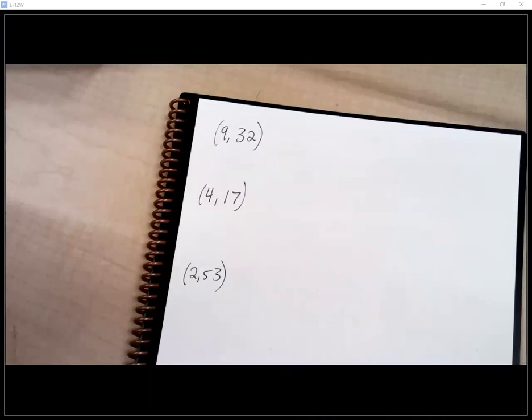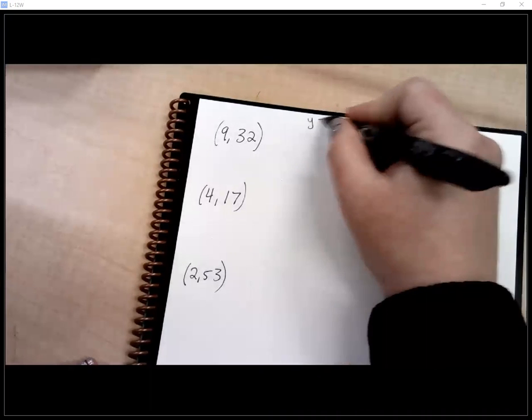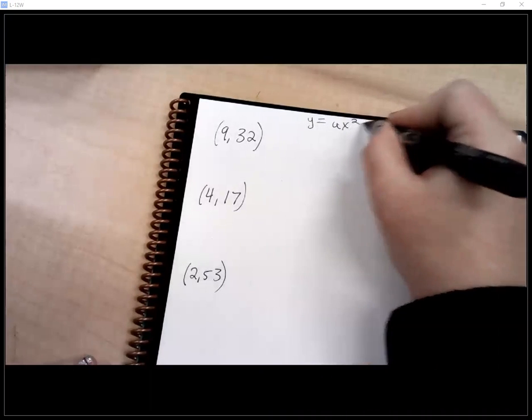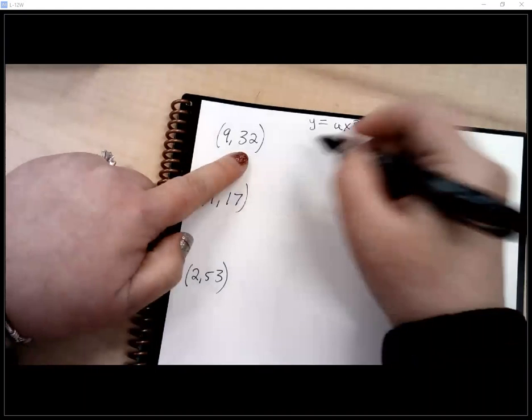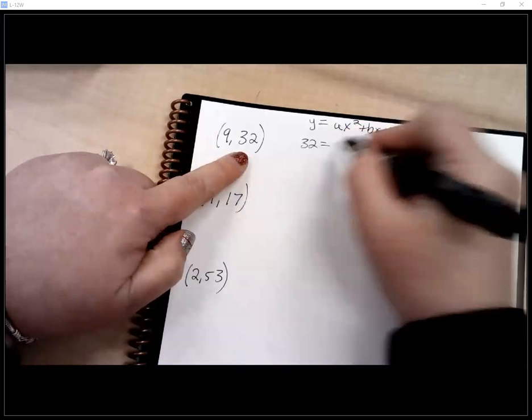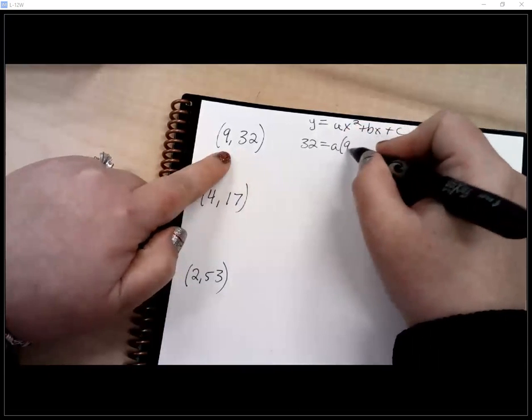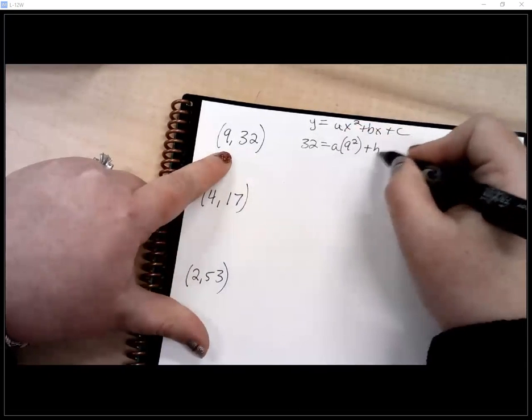Okay, 9, and I'm gonna double check that I didn't mess up, because again, if you mess up copying 1 point, you get real mad at yourself. So first, we're going to take these values and write 3 new equations using just our y equals ax squared plus bx plus c. So we'll take y 32 equals a times 9 squared plus b times 9 plus c.